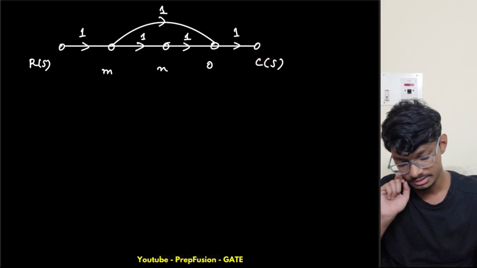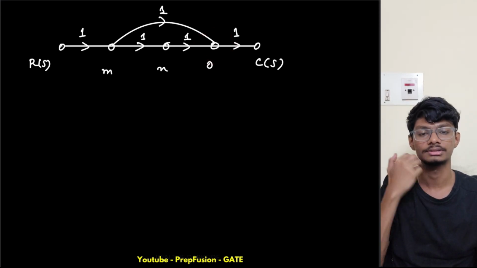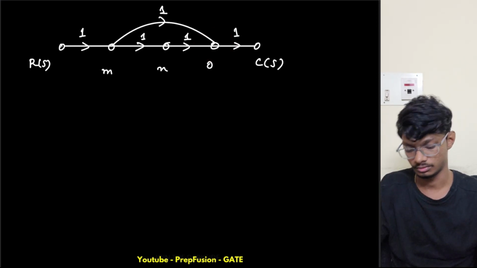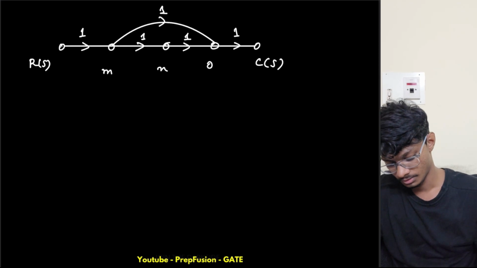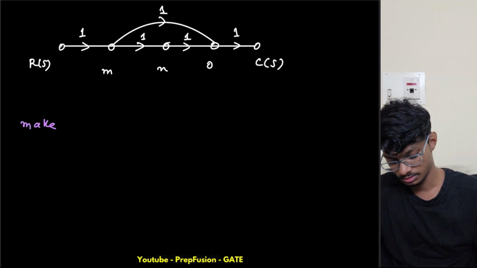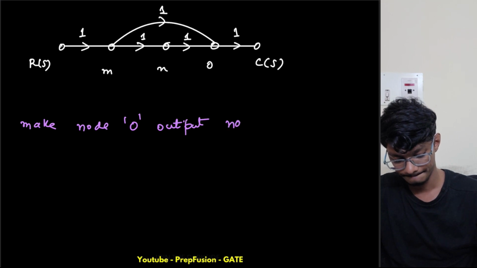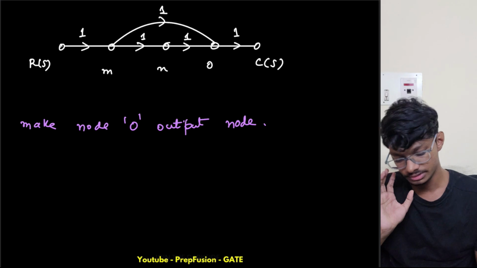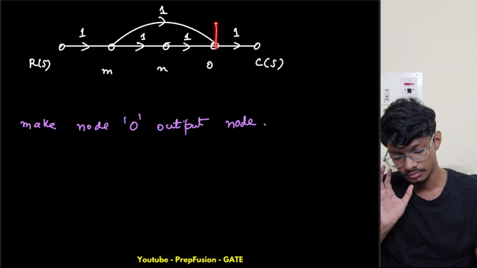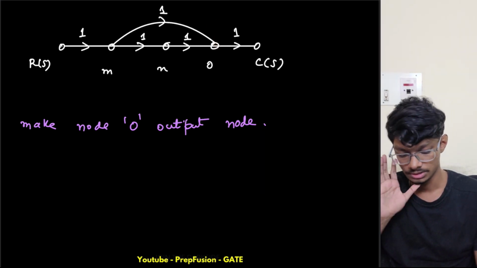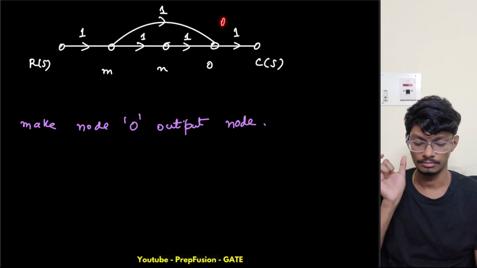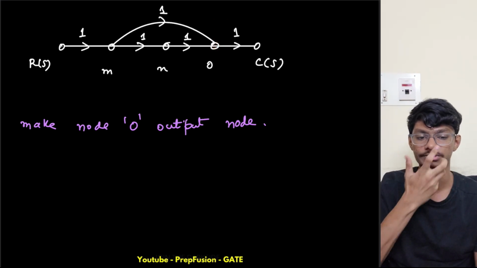Now can I make this node, the node O, an output node? How will I make it? What I will do is simply take one branch out of this and mark that as the output node, or simply another node.